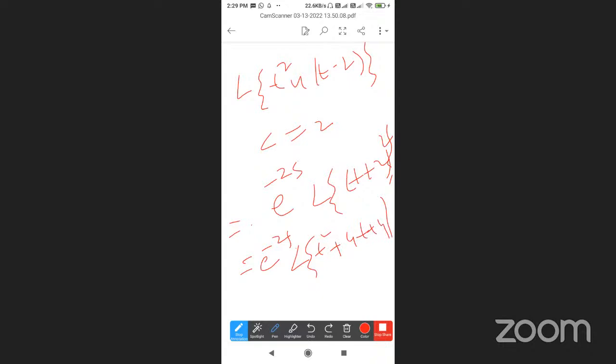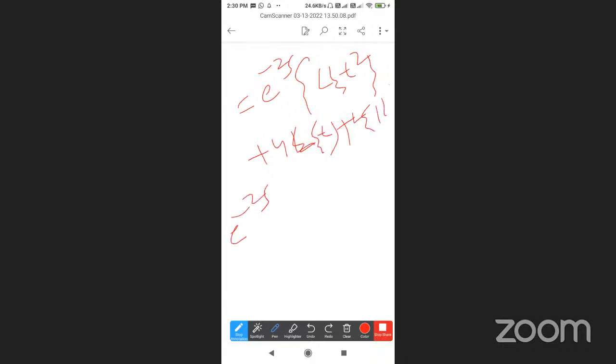We have to apply the Laplace transform separately: e power of minus 2s into the Laplace transform of t square, plus 4 into the Laplace transform of t, plus 4 into the Laplace transform of 1. The Laplace transform of t square is 2 by s cube.